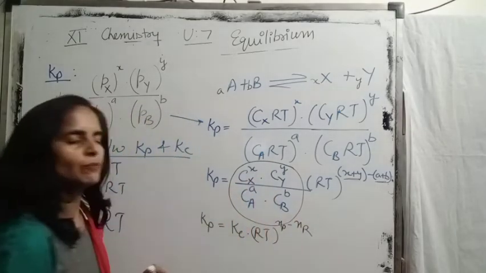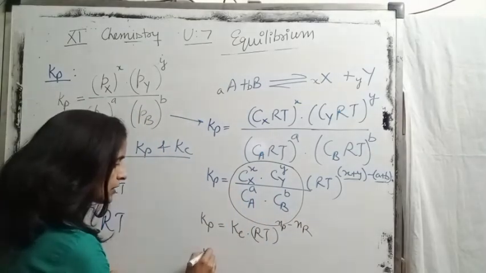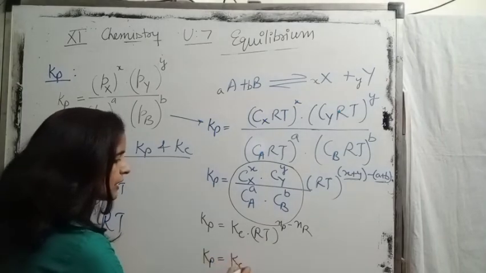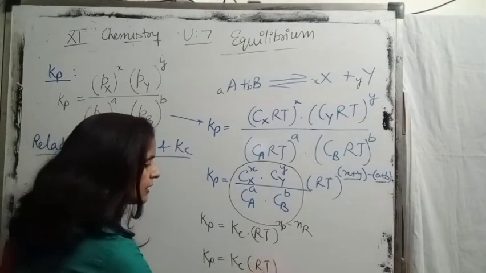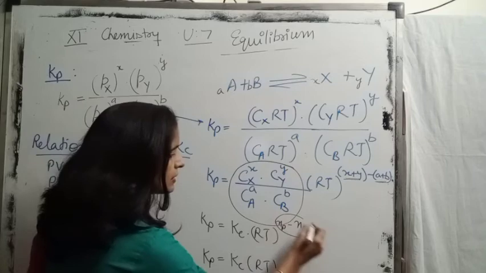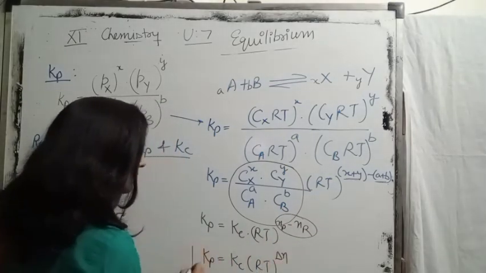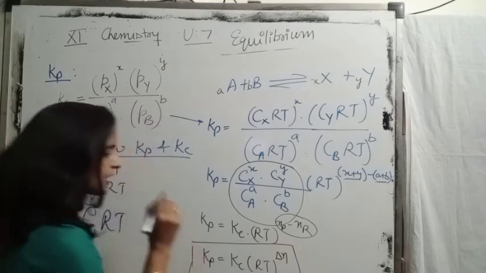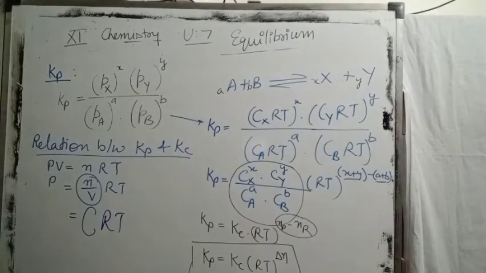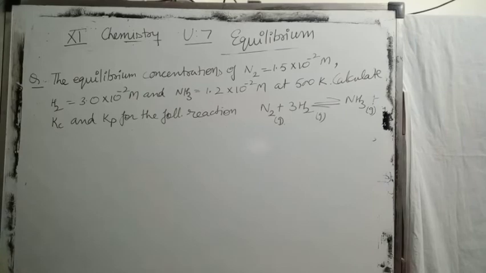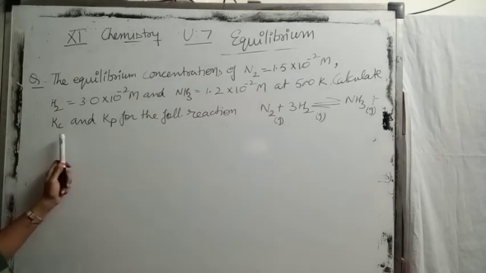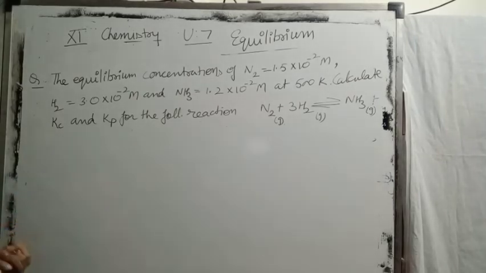So I may write np minus nr, or Kp equals Kc RT raised to the power of the difference of number of moles, that we will be representing by delta n. So this is the relationship between Kp and Kc, that Kp is equal to Kc RT raised to the power delta n.